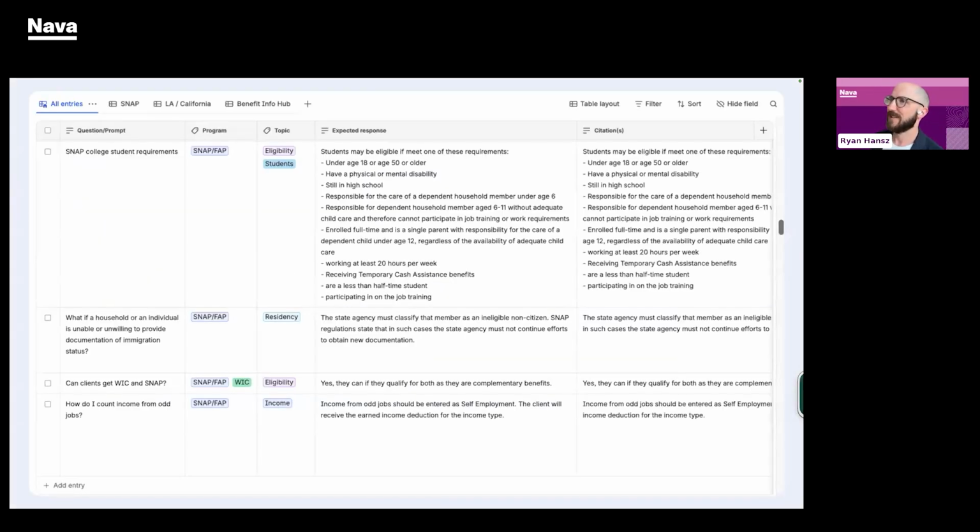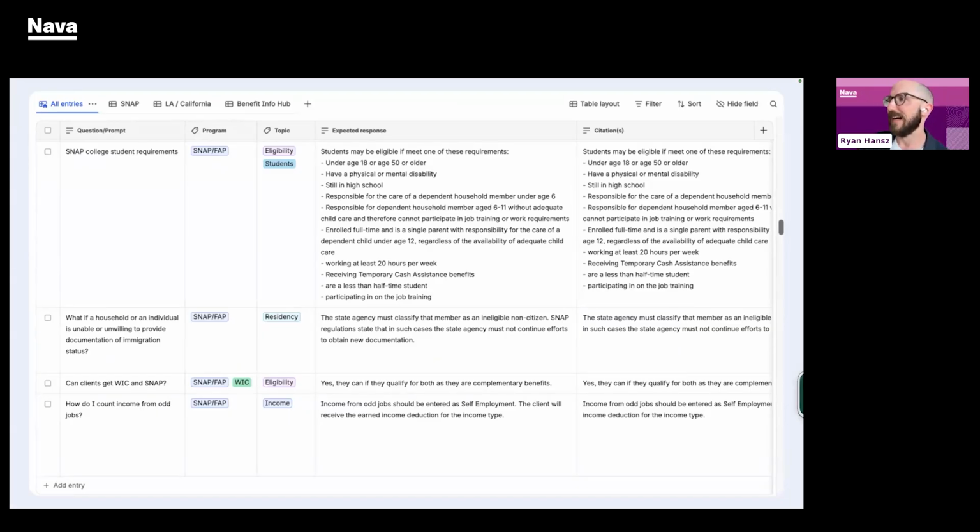And for a quick small snapshot of what that looked like for the chatbot, we have a screenshot of one of our evaluation tables. And so you can see we have questions, we have them broken down by program, we have topics, and sensitive topic was one of the topics. So we could just see all of those sensitive questions all in one place, and then also break it down by other common areas.